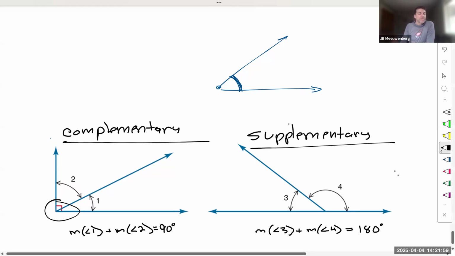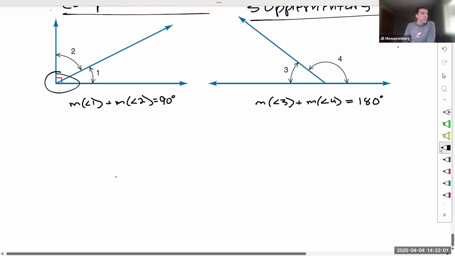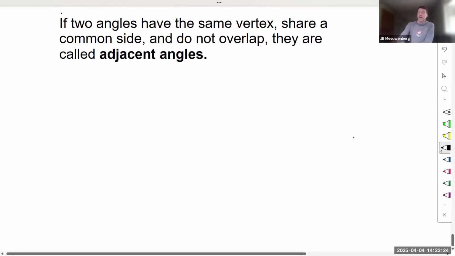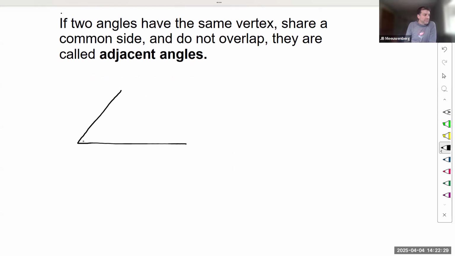Another thing about certain angles is that they can be right next to each other, like these were. Any two angles that share a common side are called adjacent angles. They don't have to be complementary or supplementary, but they just have to share a common side and not overlap. So we could make a drawing like this, and let me add some labels to it.